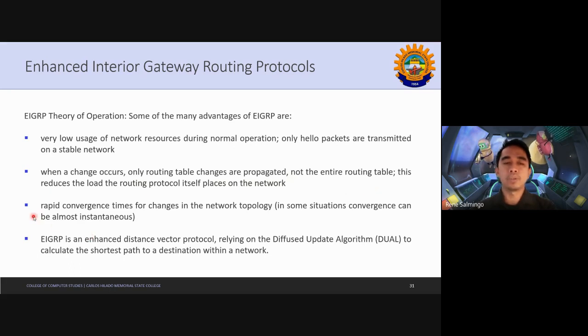There is a rapid convergence to changes in the network topology. So when you say converge, there is a migration. And also, EIGRP is an enhanced distance vector protocol that relies on the Diffusing Update Algorithm to calculate the shortest path to a destination within a network.